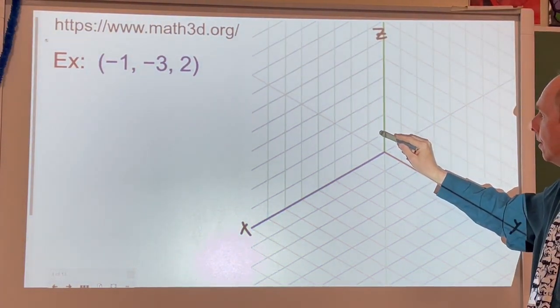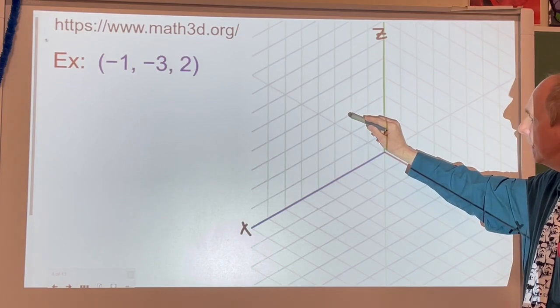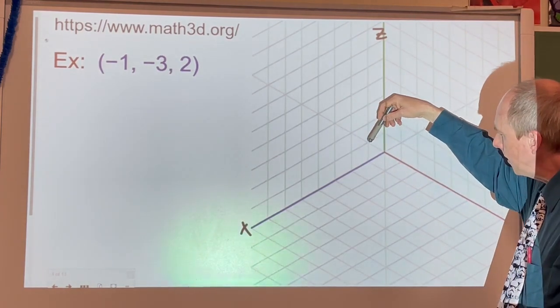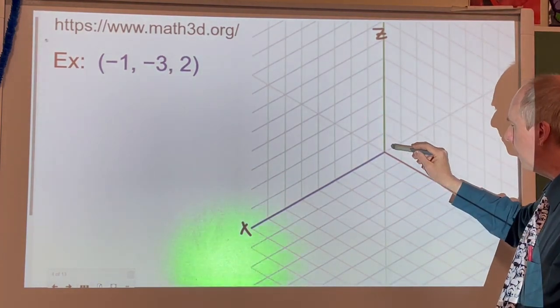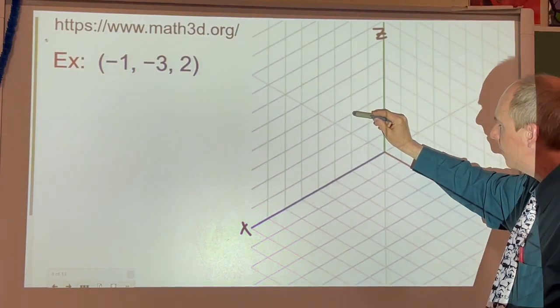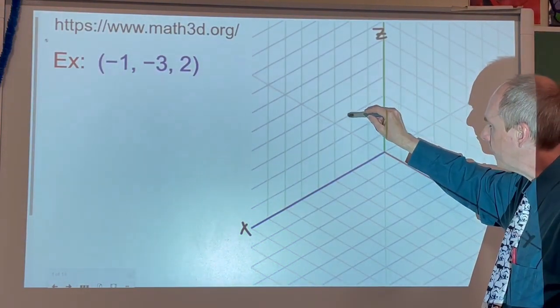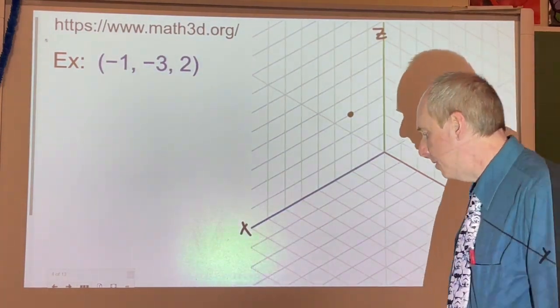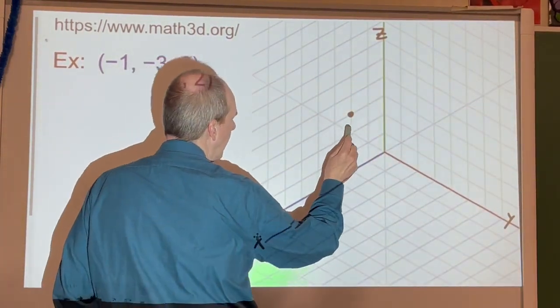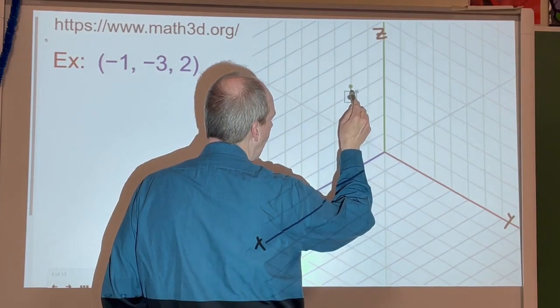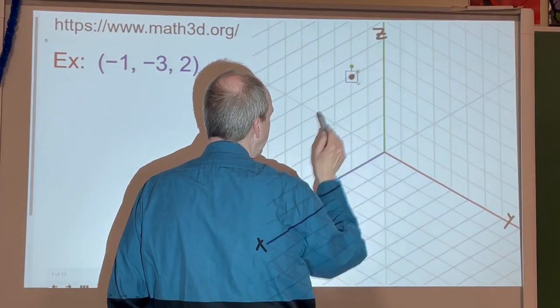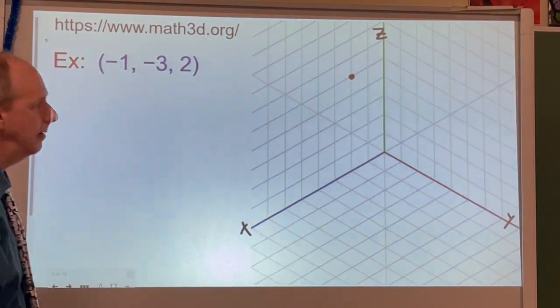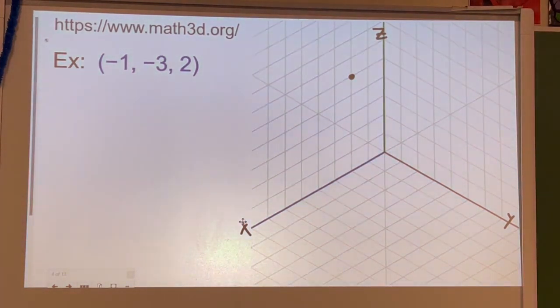So 1, 2, -3. And you can see 1, 2, 3. So we were back 1 to -3. That's right here. Now we need to take that and raise it 2 units up. So taking that point, going 1, 2 units up would put us about there. 3D space gets fun.